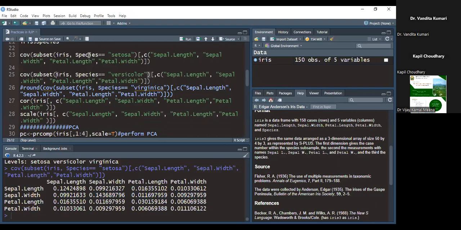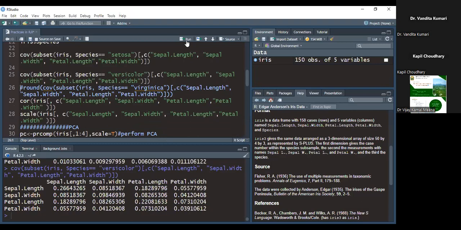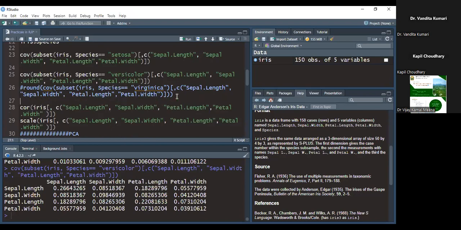What will change? We'll change the name of the species from Setosa to versicolor, and let's run this. We'll get another variance covariance matrix which will be only for versicolor species. Only that subset of the data set which is related to species versicolor, not others, right? I hope you are trying this along with me.